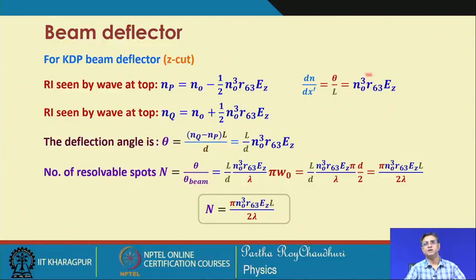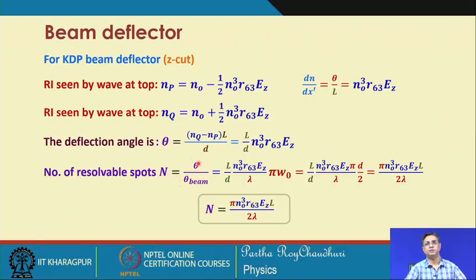That gives you this relation, because the difference between these two is n0 r63 Ez. Now, the deflection angle theta equal to L times dn/dx can be written as n q minus n p by d, and it comes out straightforwardly from here, the difference n p minus n q, L by d, that is what is here. So, the number of resolvable spots is the total deflection of the spot divided by the beam divergence.